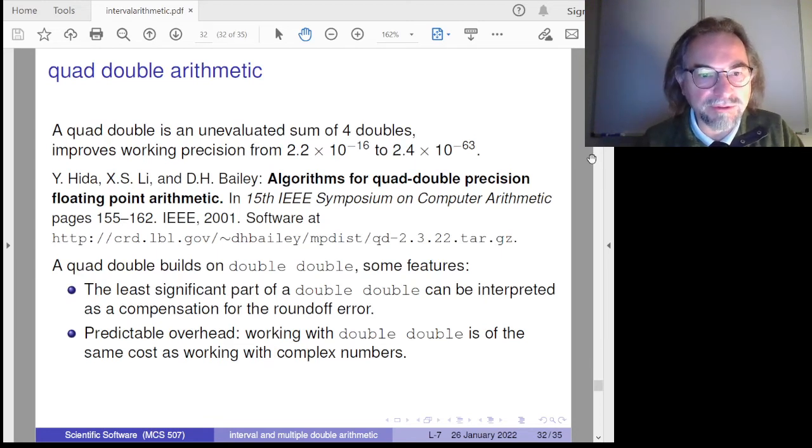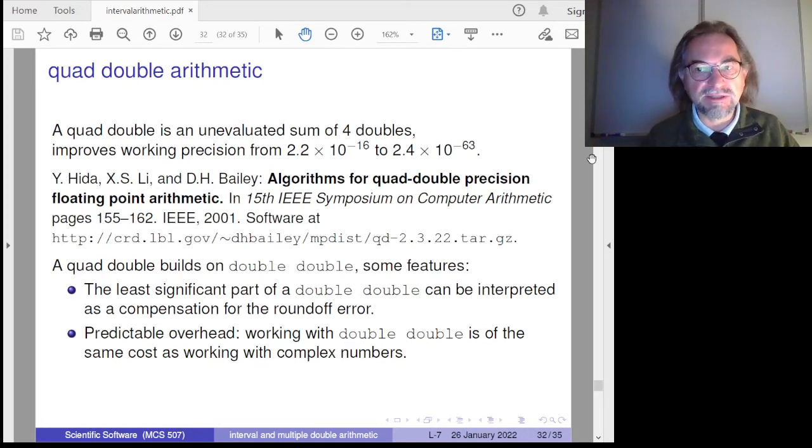So there is the double-double. We have the double precision float. A double-double is like a complex number. So you have a first part and you have a second part. So you work with tuples. But it's actually an unevaluated sum. So we are representing a number as a most significant part and then a least significant part.